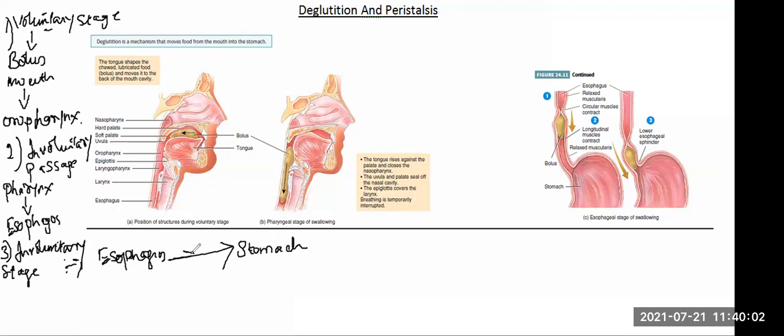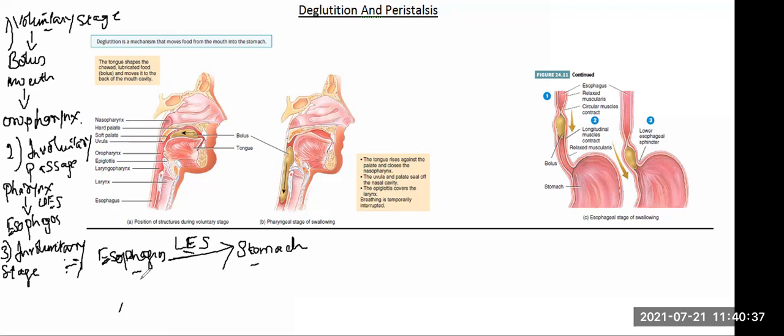And remember, you have a lower esophageal sphincter in this path. Here, when the food moves from the pharynx to the esophagus, you have the upper esophageal sphincter. So when food is moving from the pharynx to the esophagus, your upper esophageal sphincter will relax, allowing food to come into the esophagus. And when the food moves from the esophagus to the stomach, your lower esophageal sphincter will relax, allowing the movement from the esophagus to the stomach.